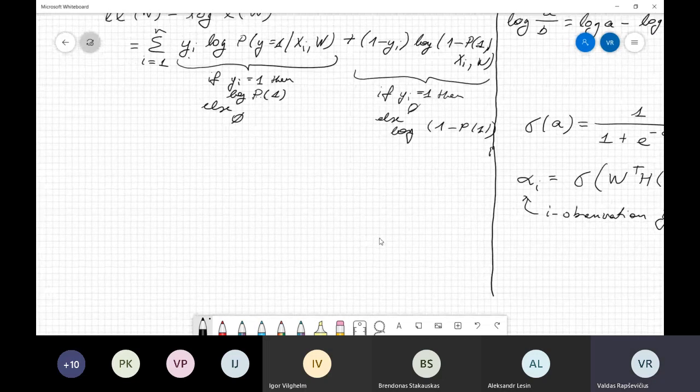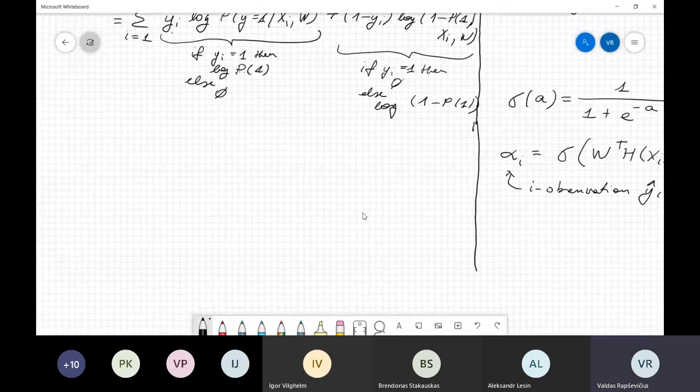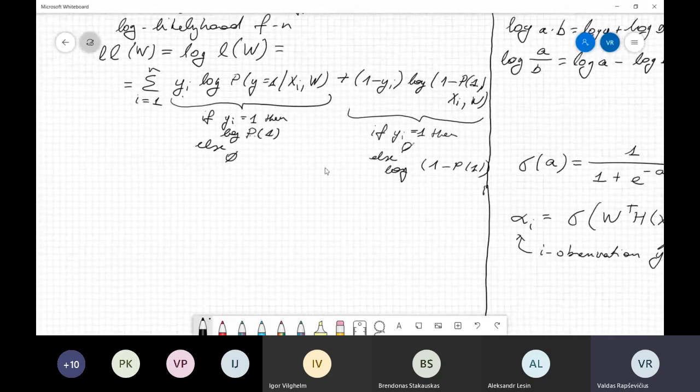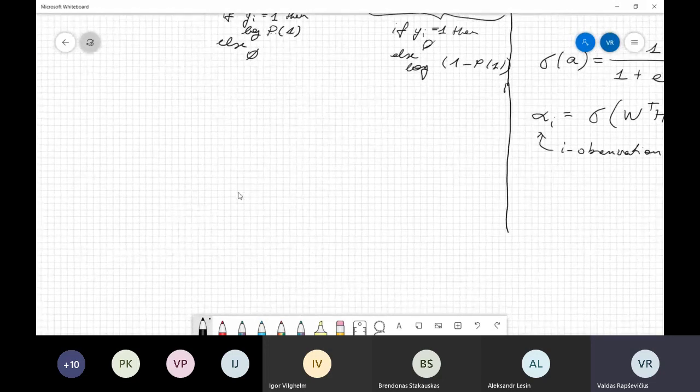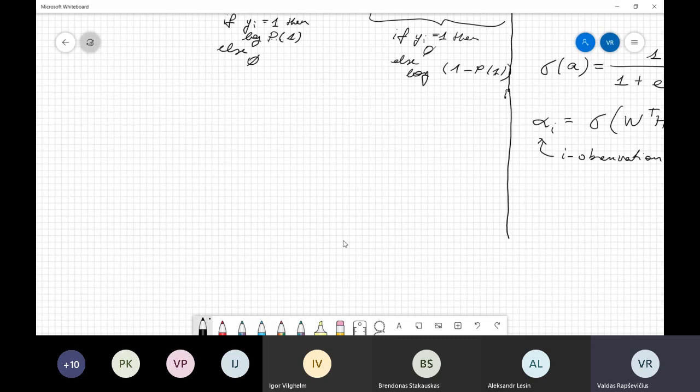Okay, so after doing so, now we can slightly simplify these two functions, the likelihood and log likelihood functions. So let me try to do this right away. The likelihood function can be simplified this way: we had the product, i equals 1 until n, of the probability of yi given xi and w.